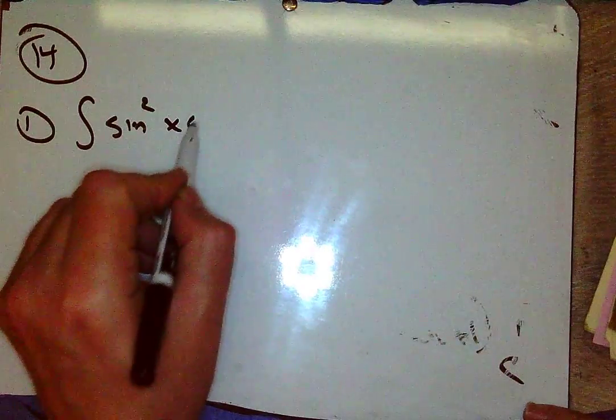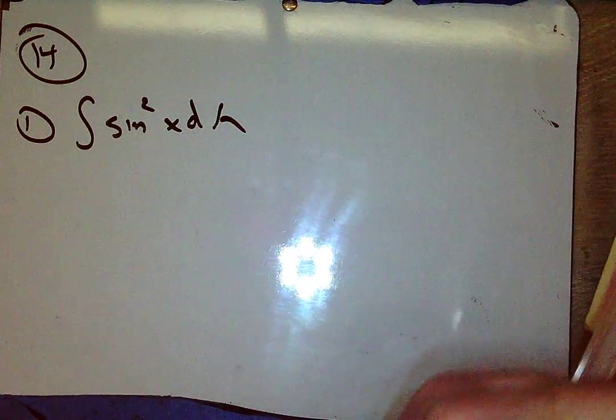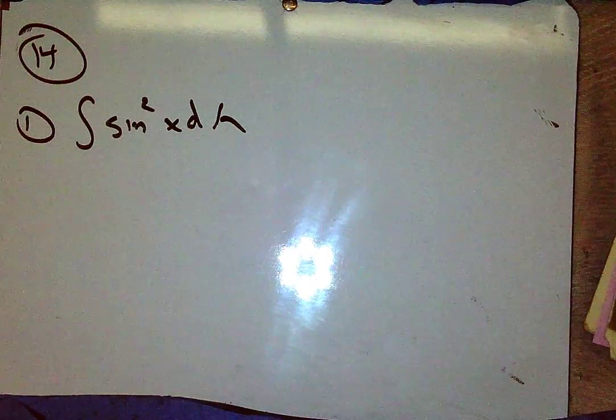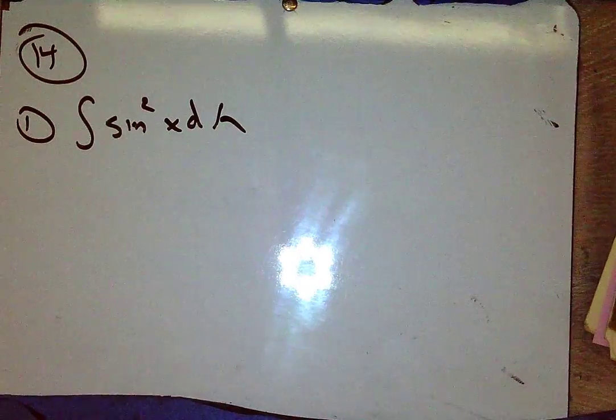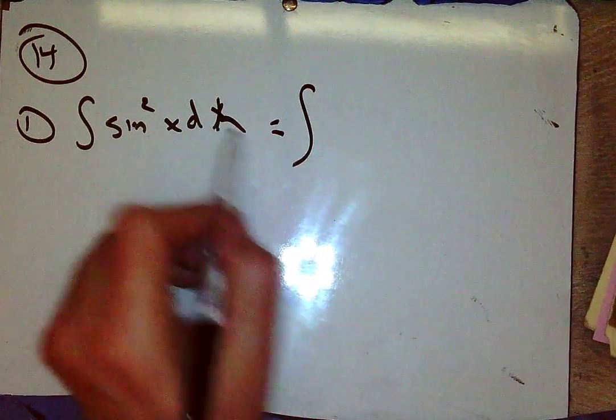How many are there, you say? Well, I have 18. So a few more. Station 14, number 1. Okay, so do you recognize that one? You really need to recognize that one. This is the station of ones you're supposed to recognize. And what you're supposed to recognize here is you need the power reducing identity.